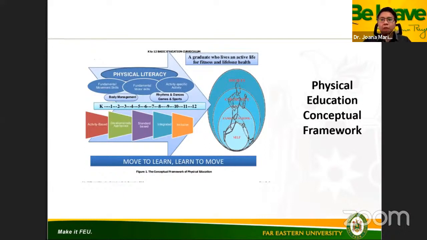We have habitual physical activity participation. Kumbaga, from key stage 1, na-inject na sa bata na we have to play, di ba? Naglalaro naman talaga ang bata. So, hayaan sila maglaro. And then, pagdating ng key stage 2, at least active na sila for sports. Ayan. And, of course, competence in movement and motor skills.